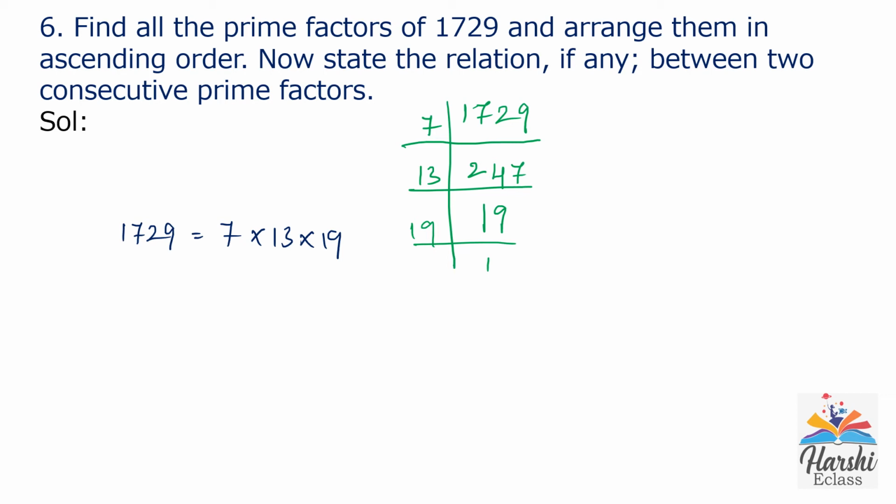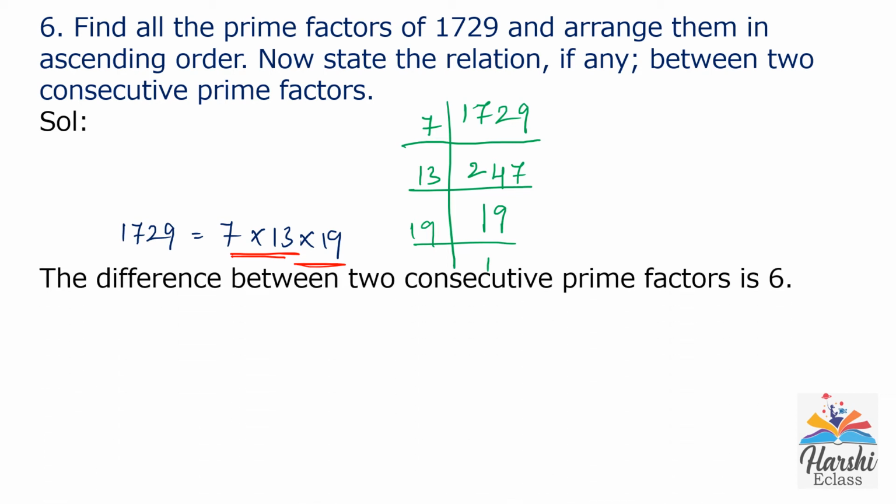The relation between these prime factors is that the difference between two consecutive prime factors is 6. 13 minus 7, the difference between them is 6. And 13 and 19, the difference between these two numbers is also 6. The difference between two consecutive prime factors is 6.